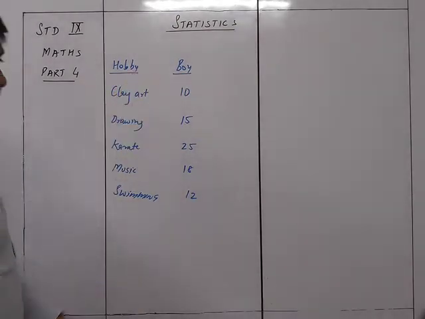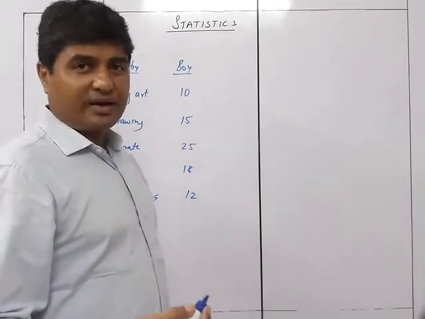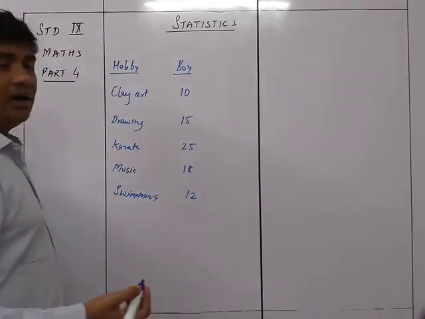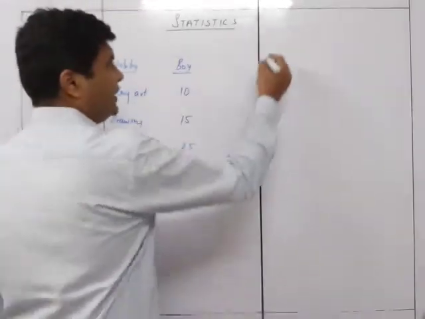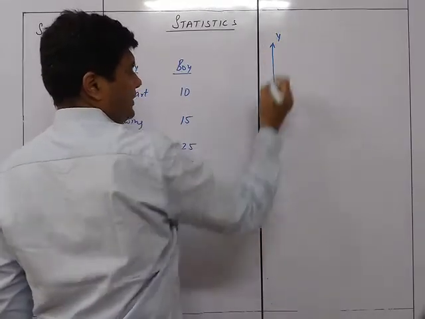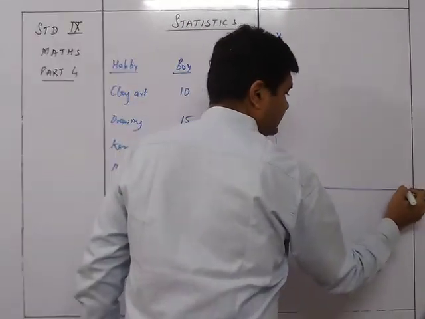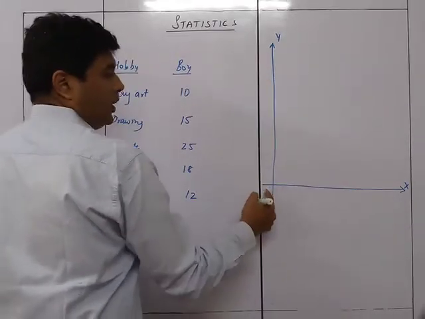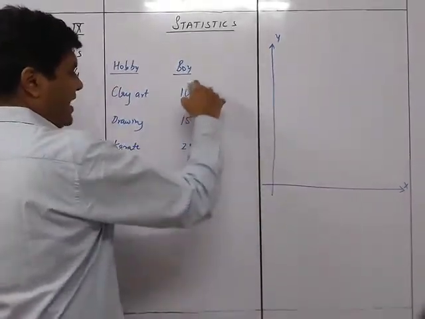If this data needs to be plotted in a graph, I will use a bar graph. In a bar graph, I will have the y-axis and the x-axis. On the y-axis, I'll have the number of students.